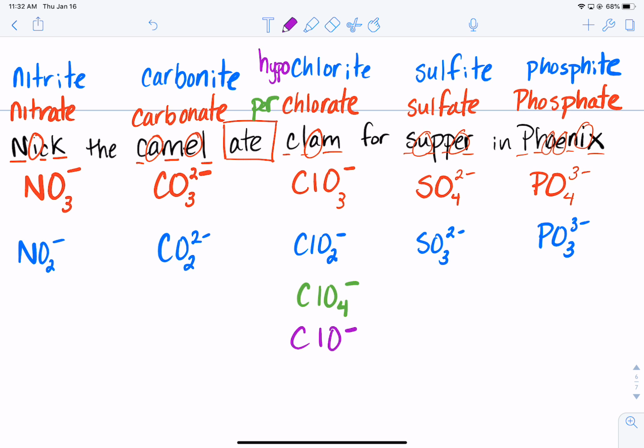Chlorate isn't the only halogen that bonds with oxygen to make a polyatomic ion. Do you guys see some other halogens on your paper bonded? Is bromate on there? Or iodate? Iodate is on there. So guess what?